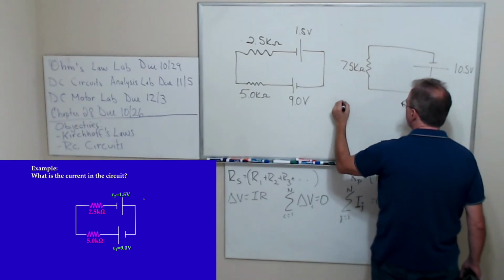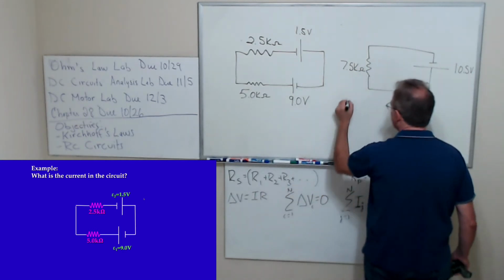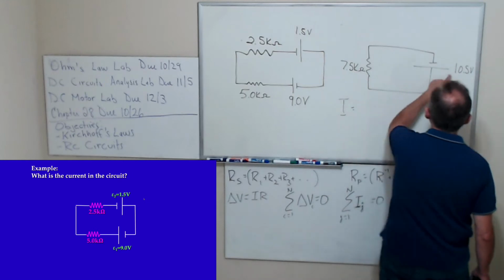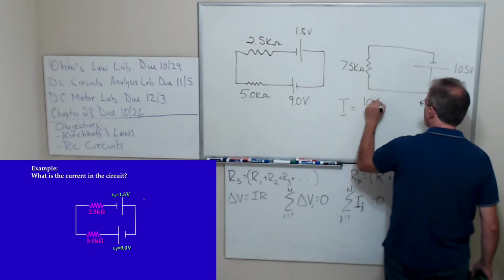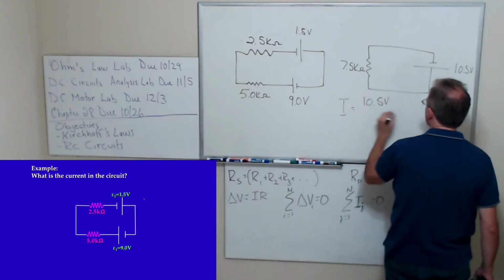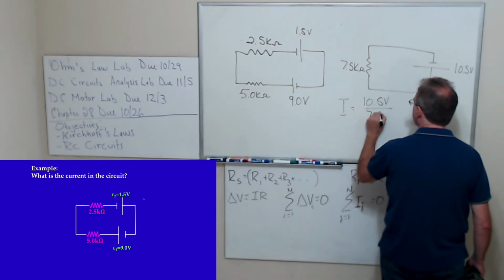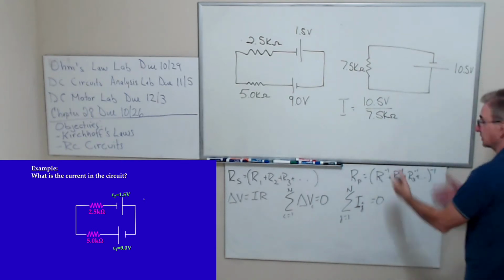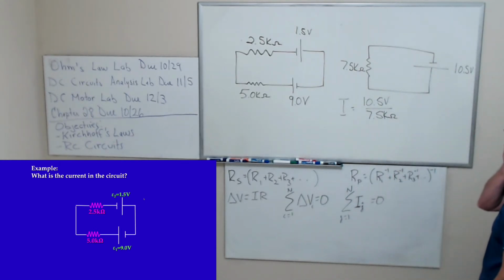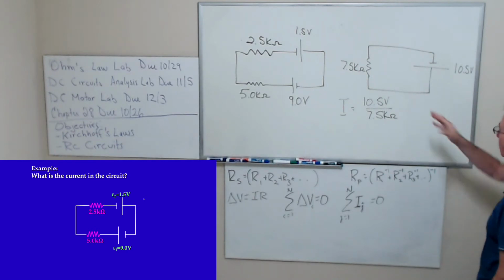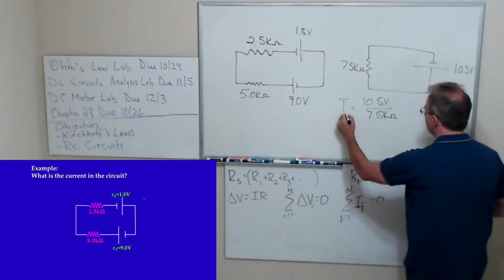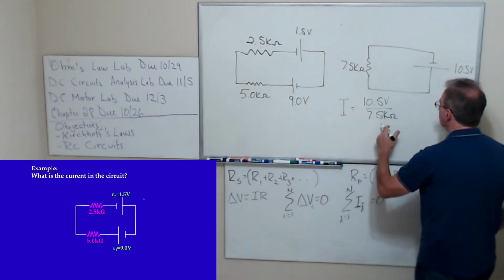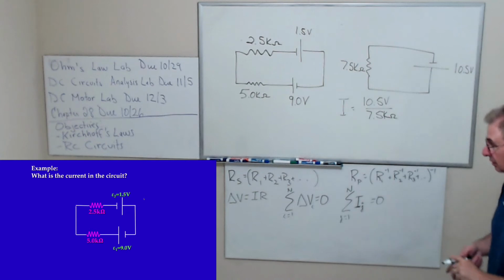And so my current, using this equation, I is going to be my potential drop over the 7.5 kilo ohms. And I'll get something in milliamps. And again, when I'm doing this, I'm solving for the magnitude of I, because I made this a positive number. So we're okay with that?